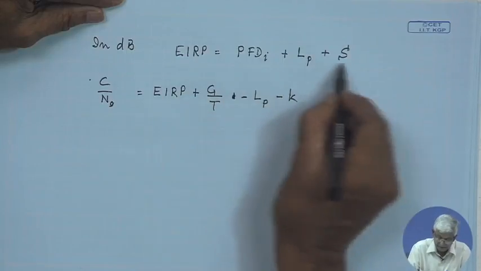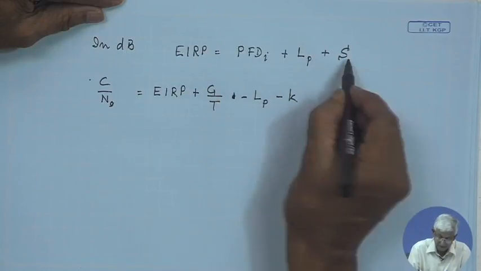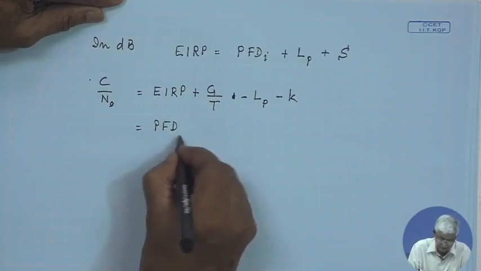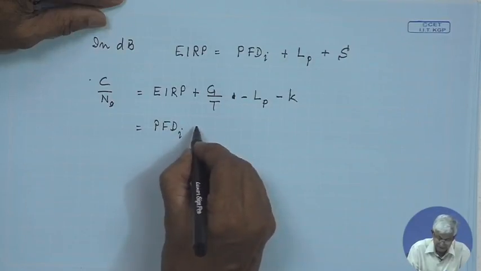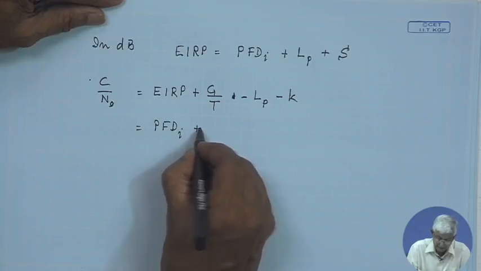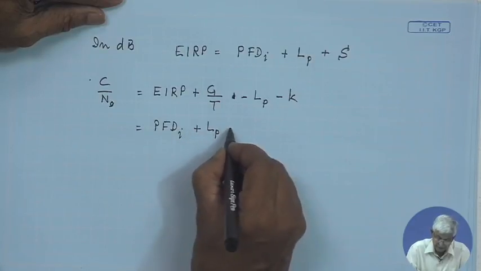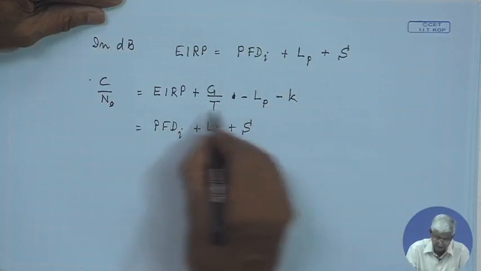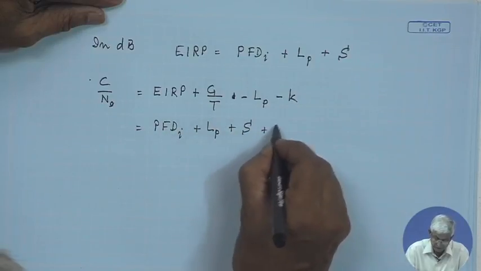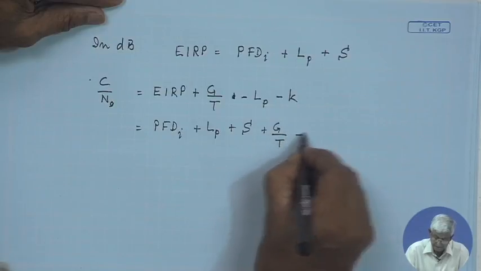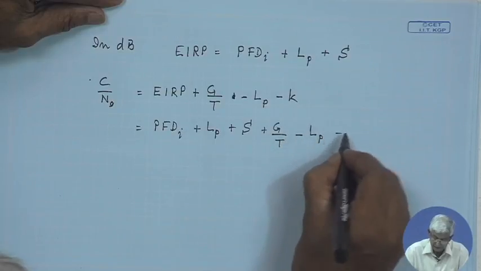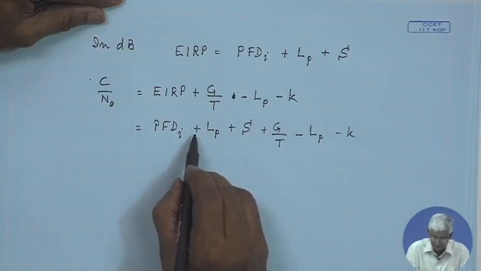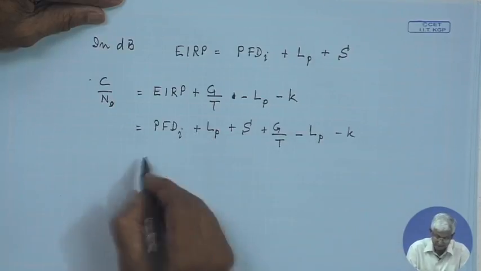This EIRP I replace by the additional term, PFD input, power flux density input coming, plus path loss plus the spreading, plus the rest of the terms, G by T minus path loss minus K. Now, this path loss and this path loss in this expression get cancelled because of plus and minus.